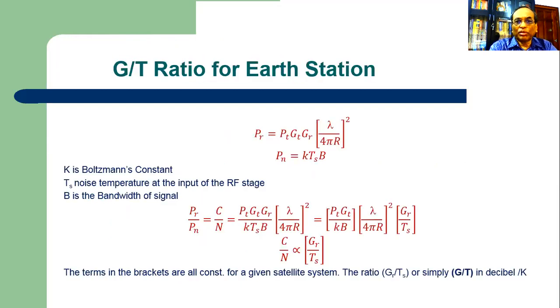G by T ratio for earth station. So we have PR equal to PT GT GR multiplied by lambda divided by 4 pi r all to the power 2. R is the distance between the two antennas. If there is white noise, then the power of the white noise can be calculated as K TS B, where K is the Boltzmann constant, TS is the noise temperature, and B is the bandwidth.